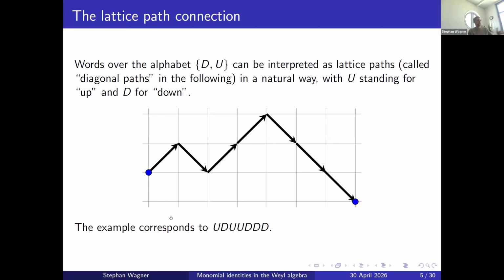So the example that I've drawn here corresponds to the word UDUDDD: up, down, down, down, down. For every word, I have a path that corresponds to it. If I fix the starting point, that will usually be the point (0,0), then I have a unique path that corresponds to each word with the letters D and U.